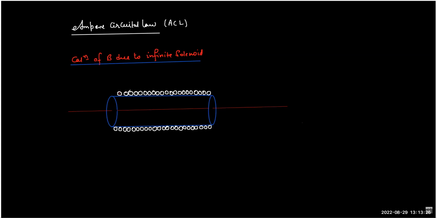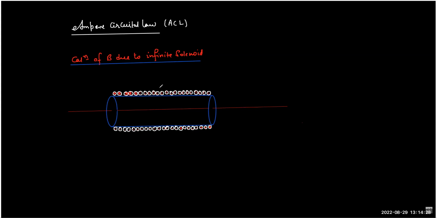So we have a cross, and we have dot and cross, as you can see. This cross is not visible.